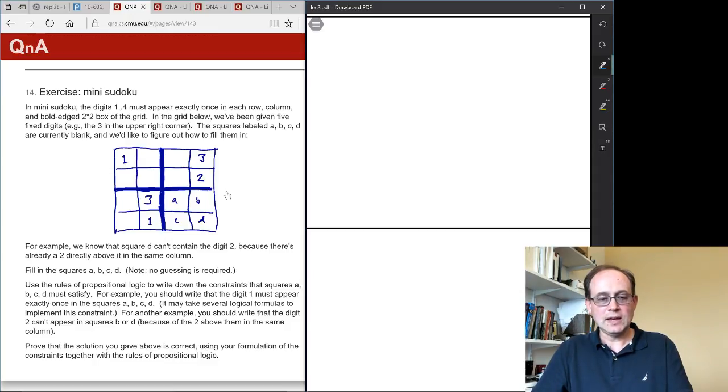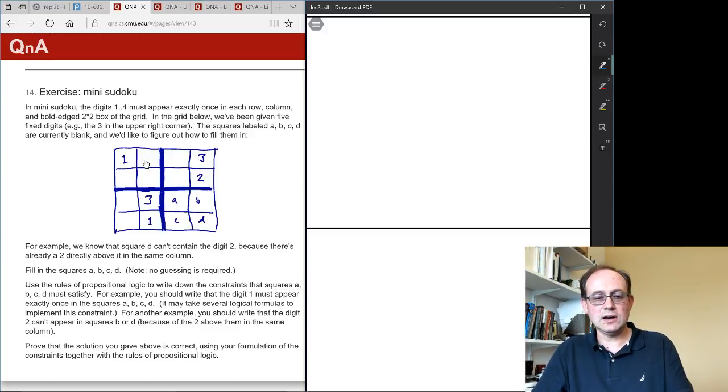Full-size Sudokus are a 9x9 grid, but we'll do a mini Sudoku, which is a 4x4 grid. Every cell is either blank or starts with a number in it. And there are some constraints about how you can fill in numbers.